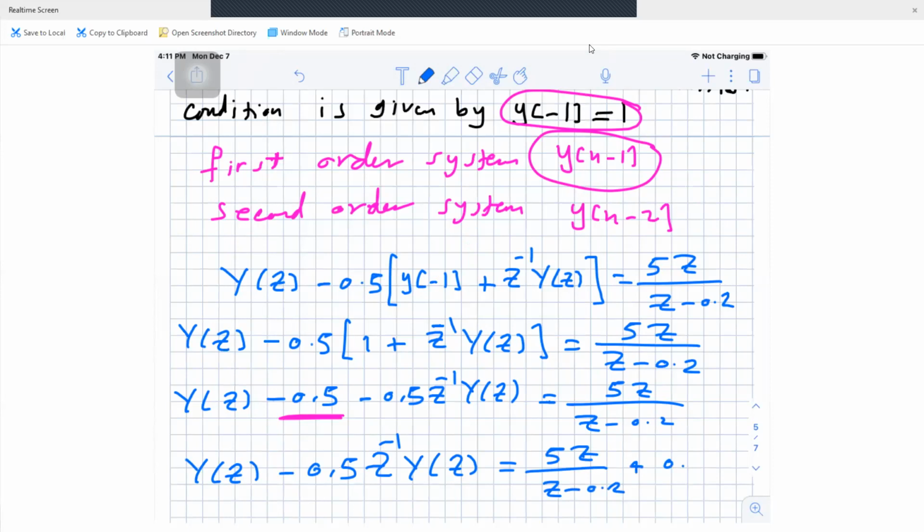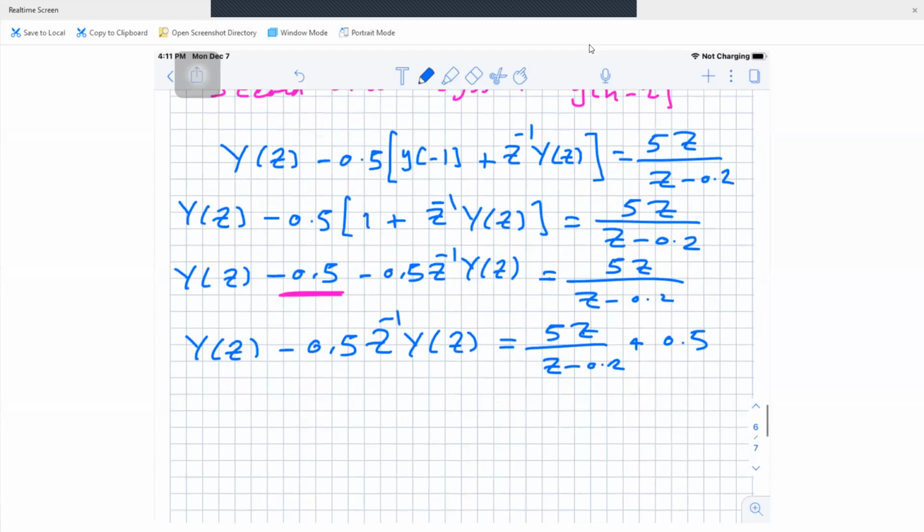plus 0.5 plus 0.5. Well, now look at the left hand side, take y of z as a common factor.